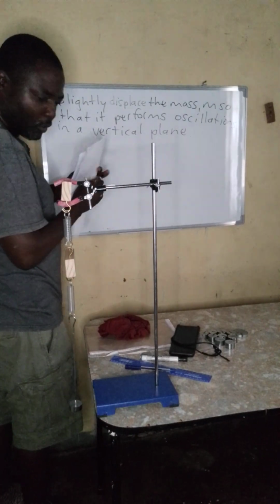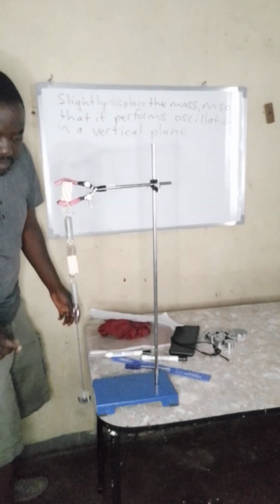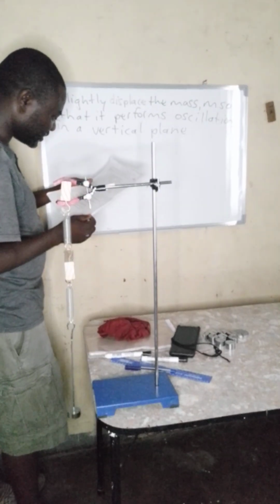Right. What are oscillations in a vertical plane? If we displace this, you see it is performing oscillations in a vertical plane. This mass is oscillating, right? Can you see it? This is exactly how you are going to obtain your observations. So this mass should perform oscillations in a vertical plane. Right? That was the instruction.